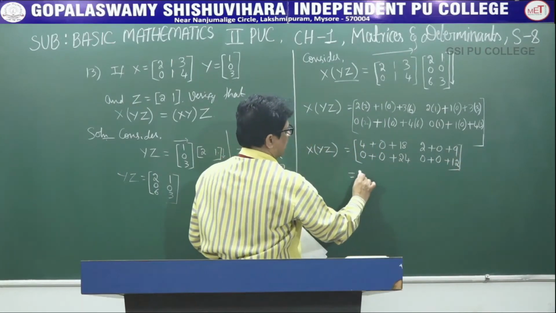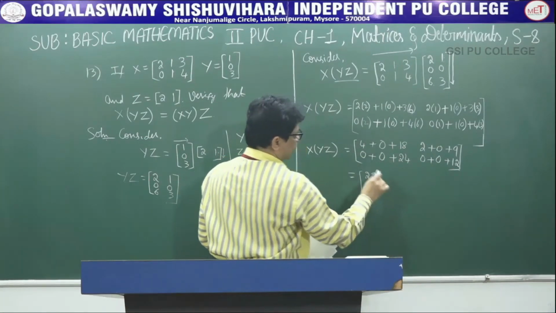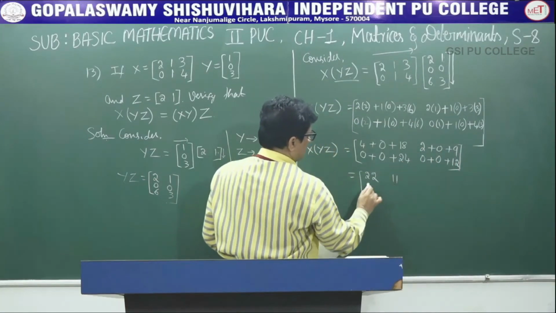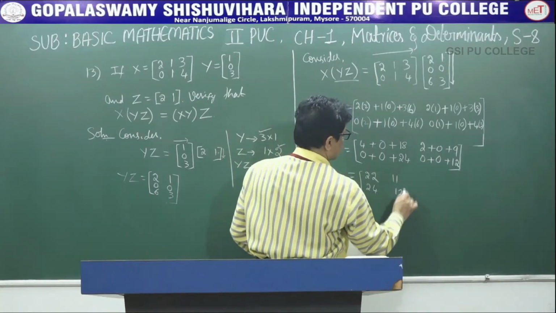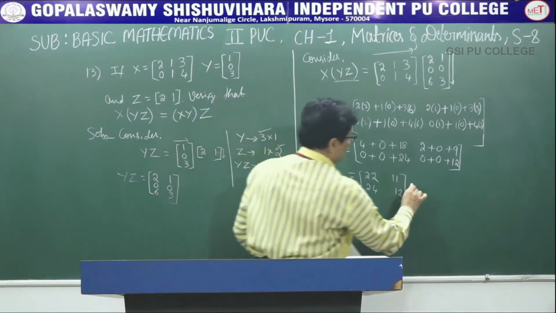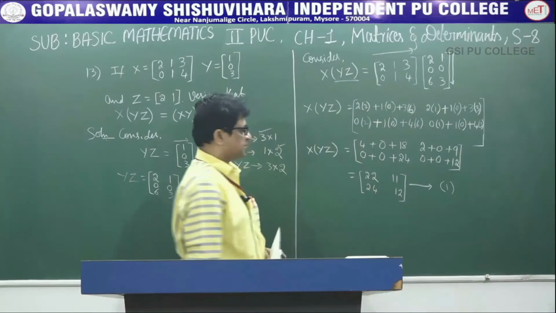So that will be equal to 4 plus 18, 22, 9 plus 2, 11, 24, 12. We call this equation 1.